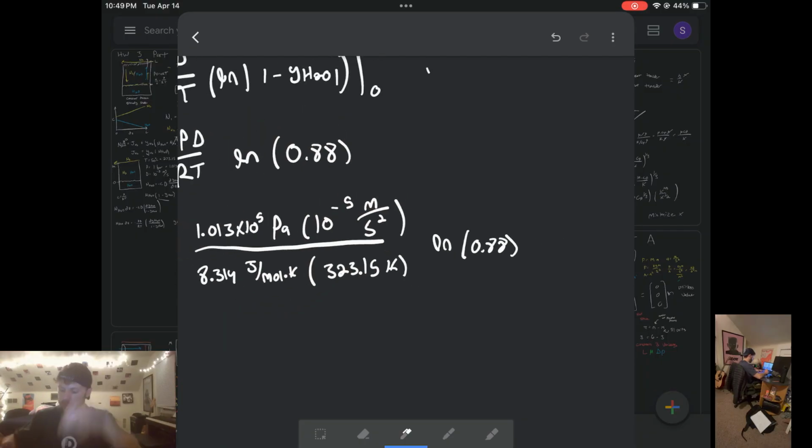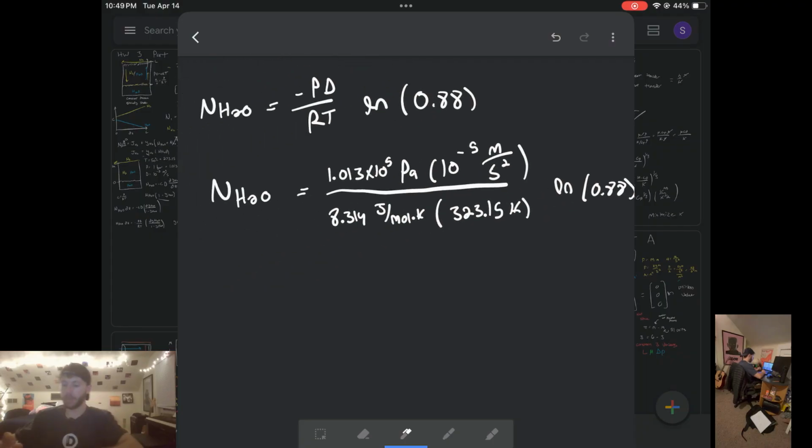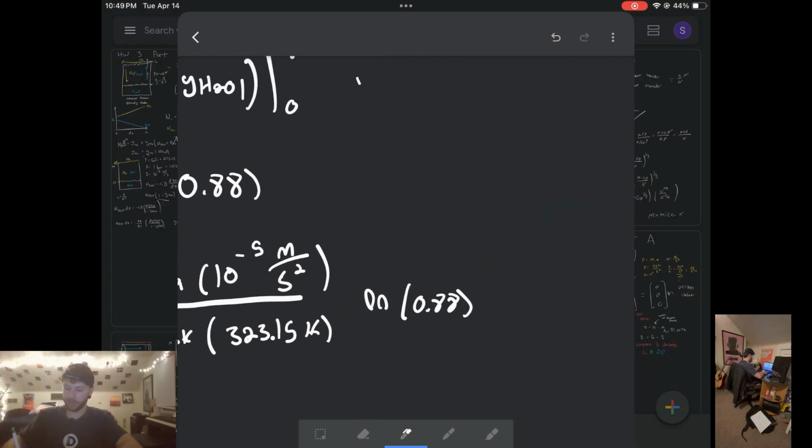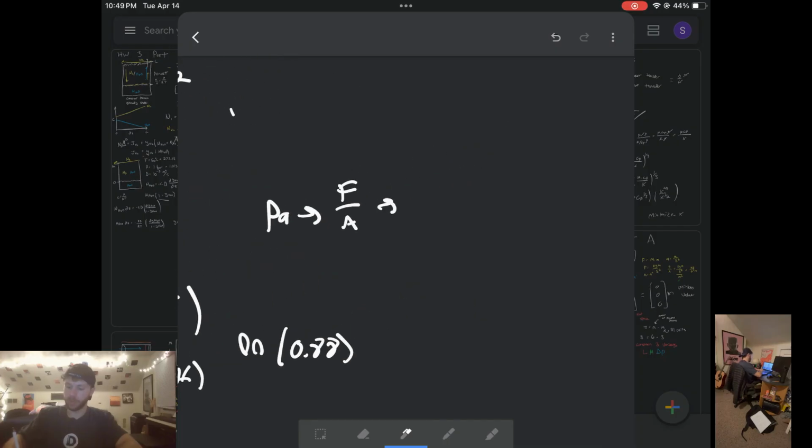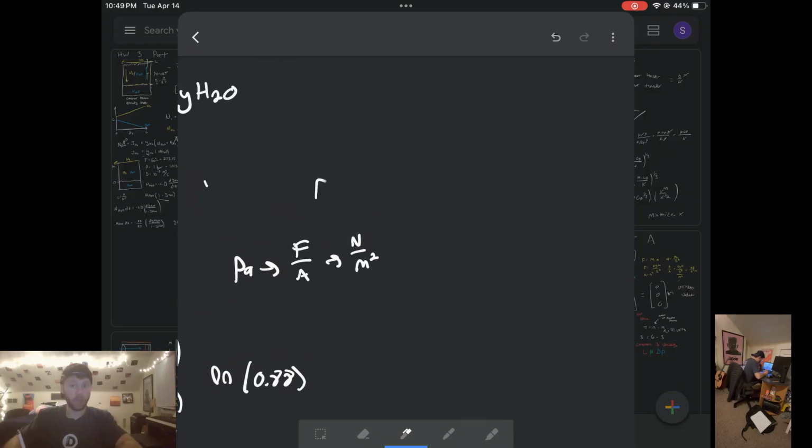Okay, so to find units of this, pascals is pressure, we know that's force per area, so newtons per meter squared, and Newton's second law says that force equals mass times acceleration.